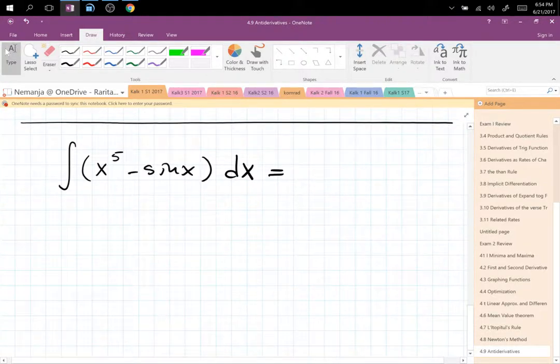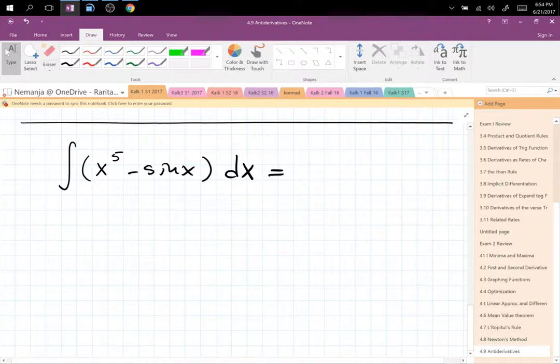How about this one? Over 6 plus cosine x plus c.